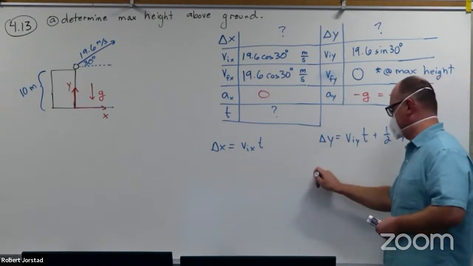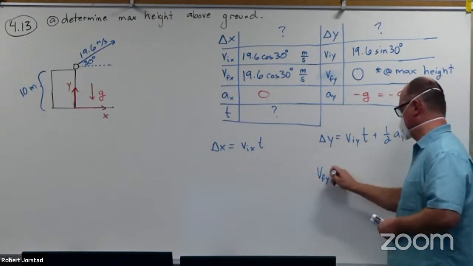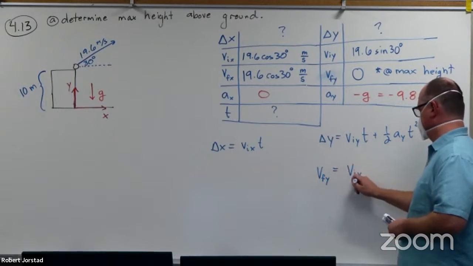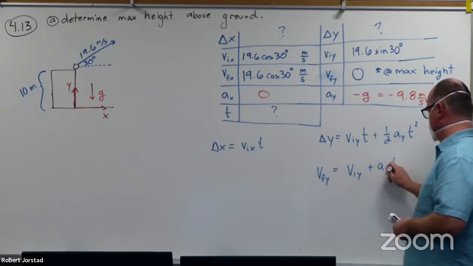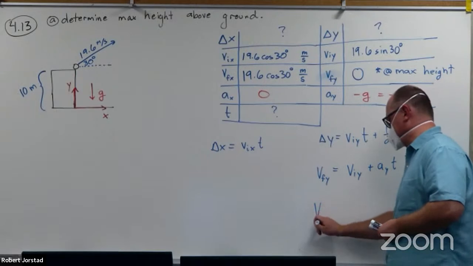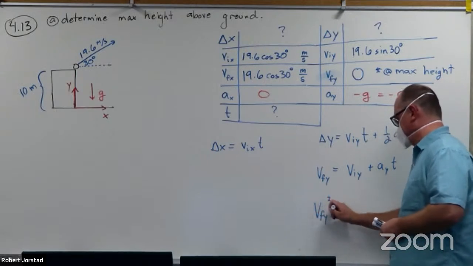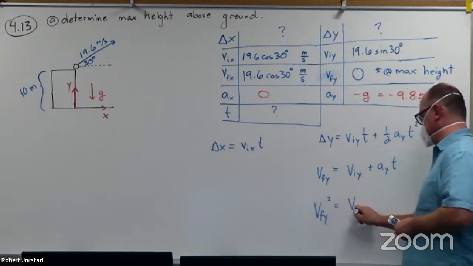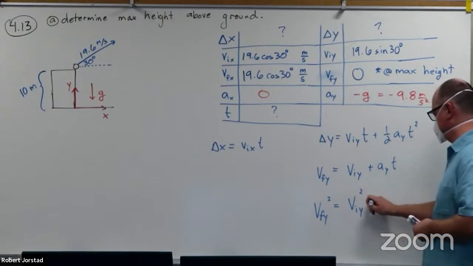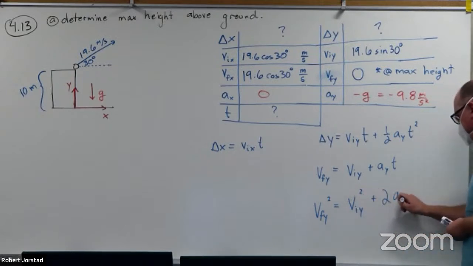We've got the final Y equation. And we've got the final Y squared equation. These are the big three. Are there others? Yes. Do we need them all? Not necessarily, but sometimes they're convenient, but whatever.